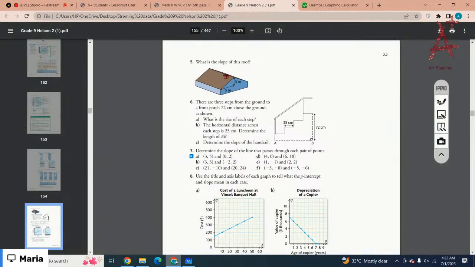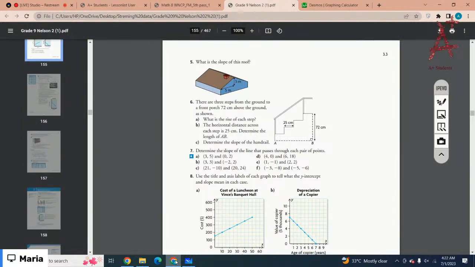The vertical change is 3 and the horizontal change is 5. So the slope is 3 over 5. Got it? Okay, let's look at question number 6.